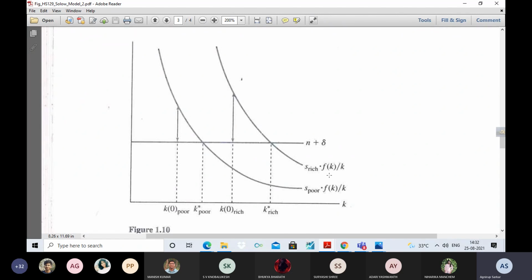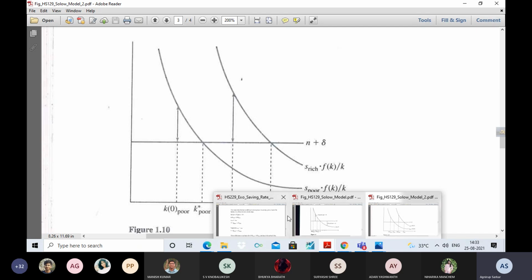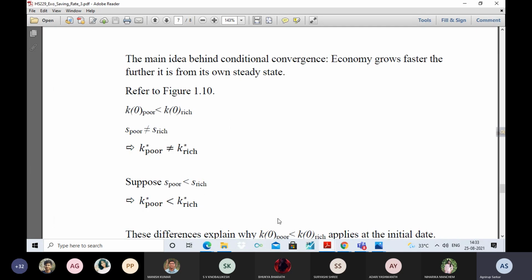Okay. So now algebraically, you can also illustrate the concept of conditional convergence by returning to the formula for k dot by k. We have already established the formula for k dot by k, the growth rate of capital. That was equation 28 over here.